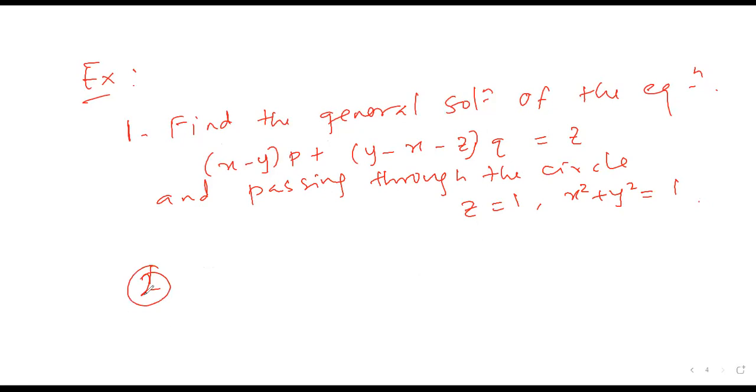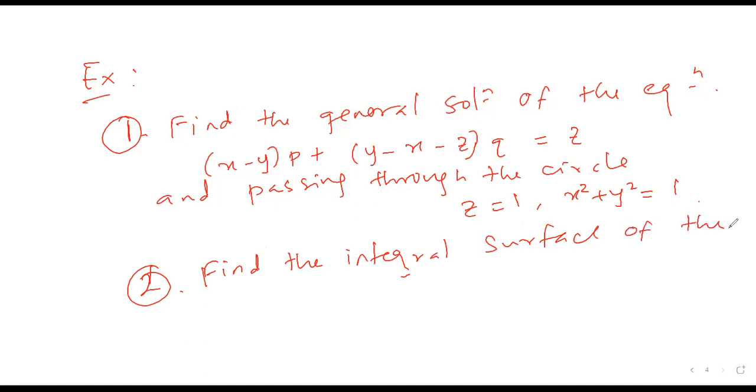And second question, you can try this one. Find the integral surface. So the question may become like find the integral surface or find the general solution. So everything is same, okay?